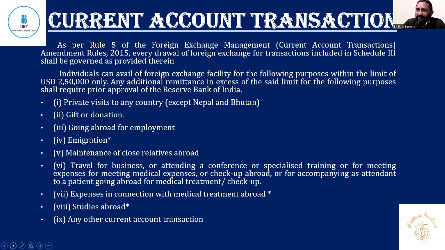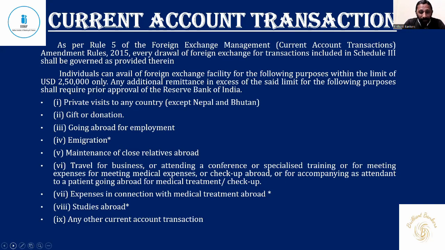Any additional remittances, this is the current account and this is not a capital account. In current account you go for the regular normal transactions. In capital account, you're going to invest, you're going to buy something.